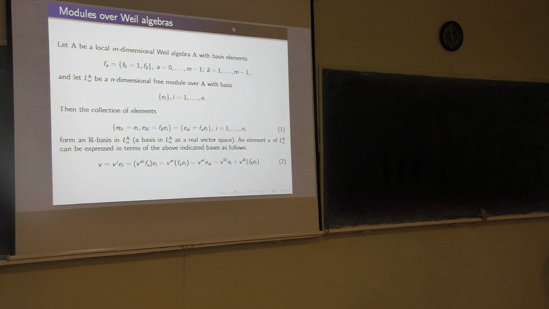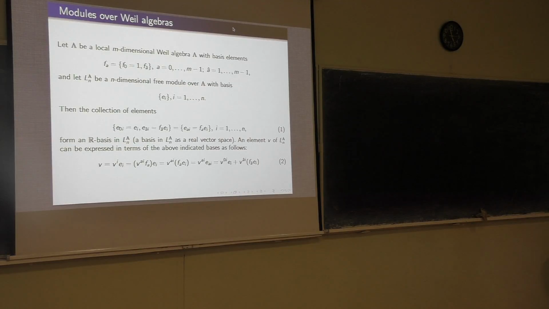Okay, so let A be an algebra with the basis elements of A. Here we use the index with a hat for basis elements that belong to the maximal ideal.